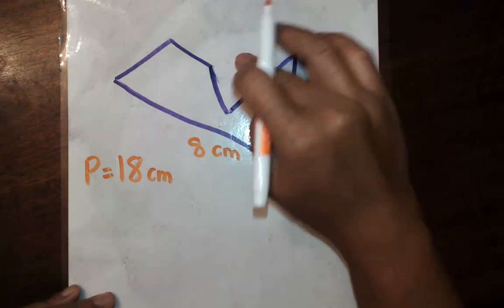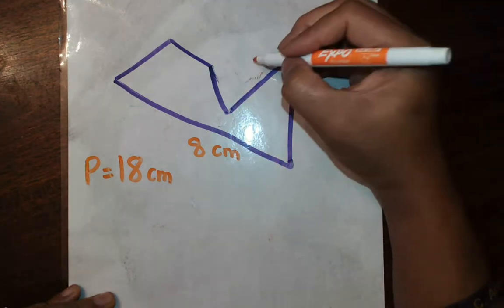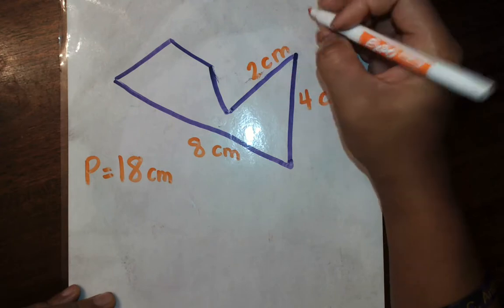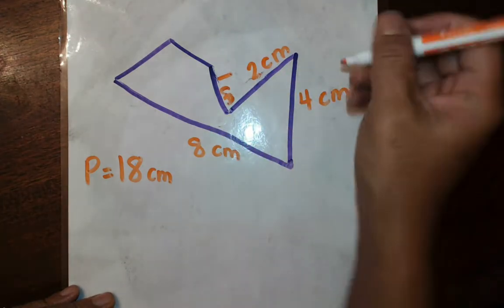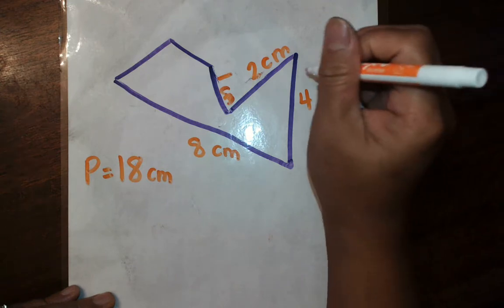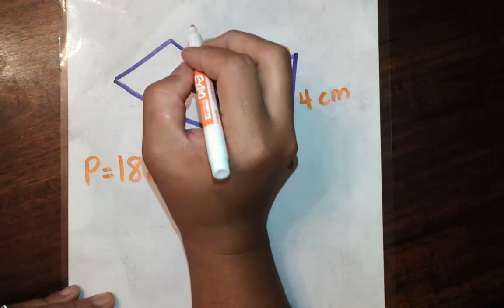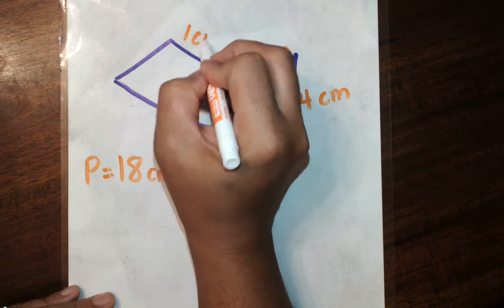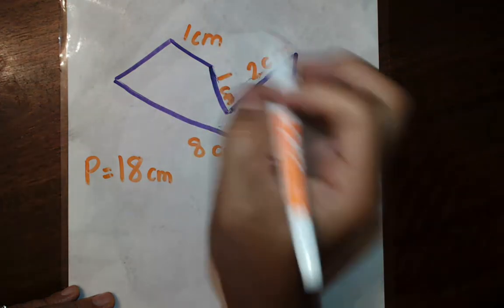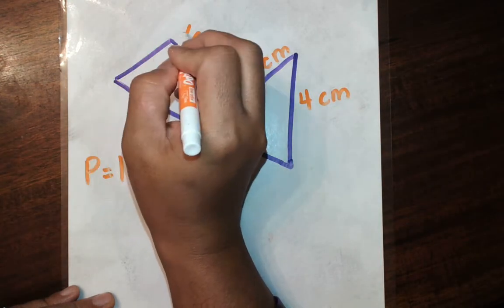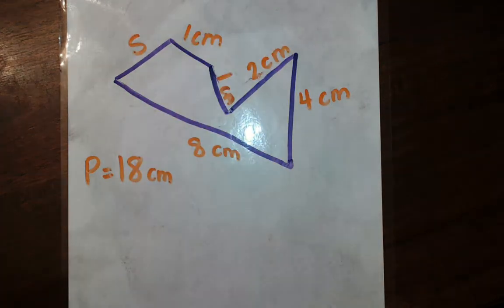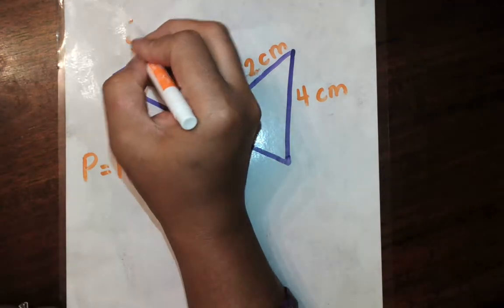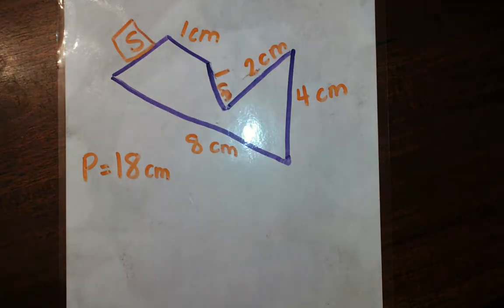This side is 2 centimeters. This side is only 1 centimeter. This side is also 1 centimeter. Then what is this unknown? For this unknown, I'm going to call it letter S. We have to find what letter S equals.